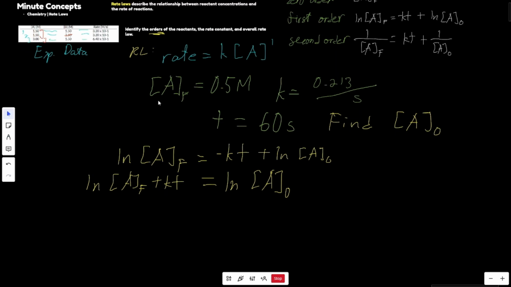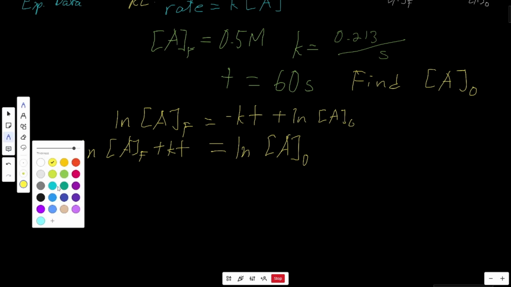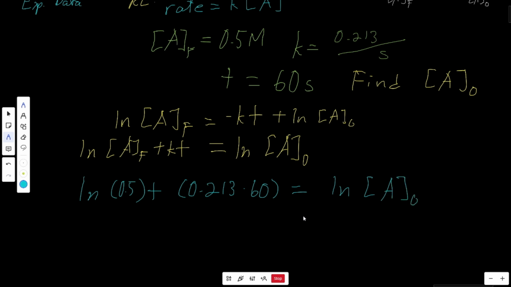So now let's try plugging in our values. You would have the natural log of 0.5, here just in parentheses, plus 0.213 times time, which is 60 seconds, is equal to the natural log of our initial concentration.